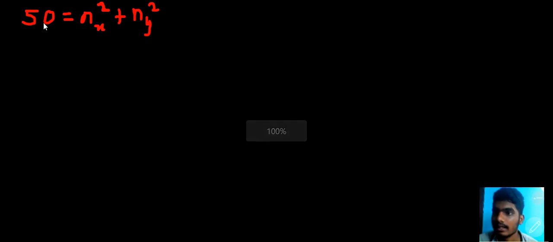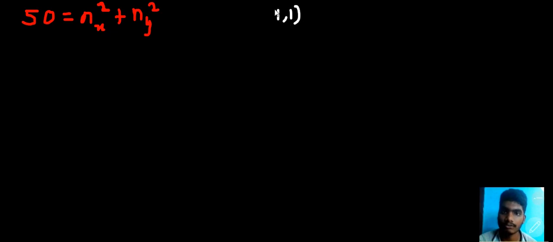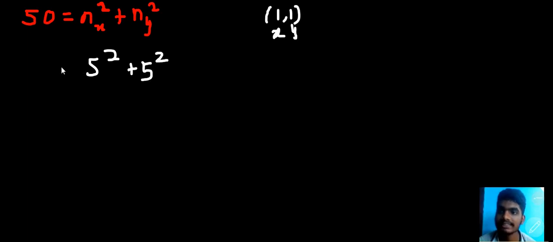Now, to find that, we have to multiply with 1 comma 1. We know that this is the x-axis and this is the y-axis. By substituting here, 5 fives are 25, 25 plus 25 is equal to 50.